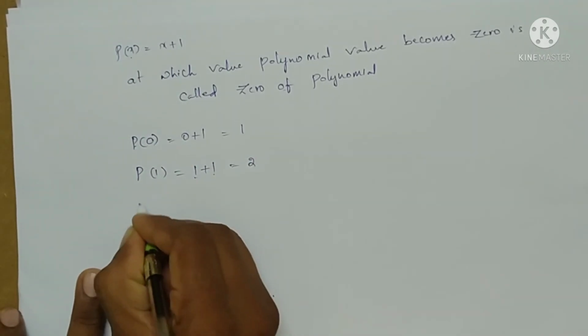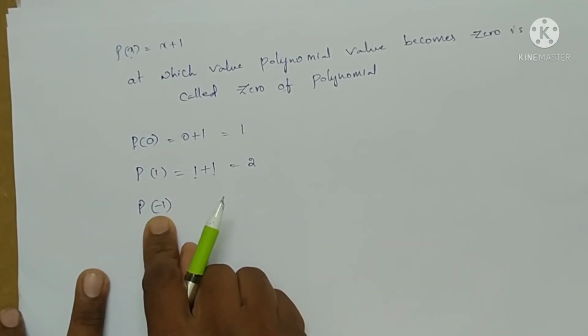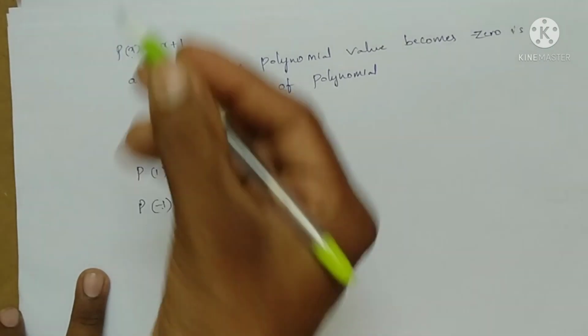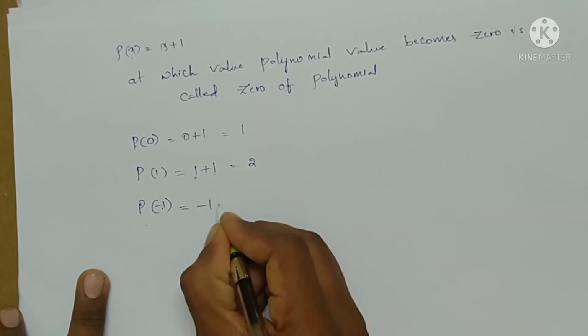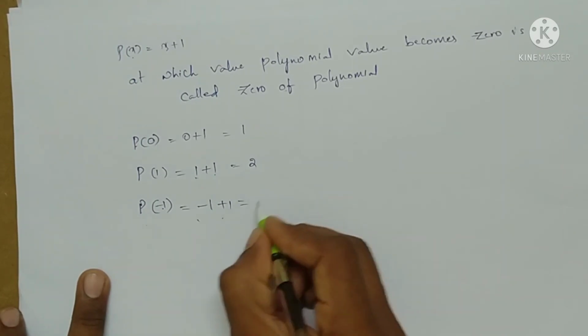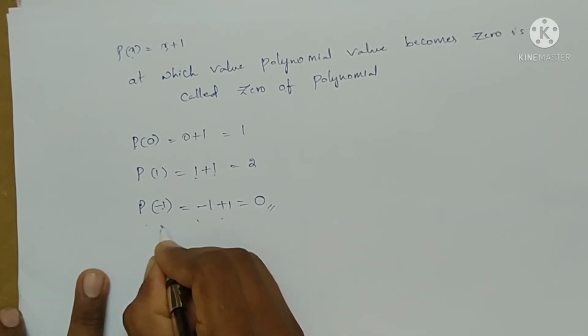Now p of minus 1. Let us assume x equals minus 1. Substitute minus 1 instead of x in our given polynomial. Minus 1 plus 1 is 0. The result is 0, so this is the zero of the given polynomial.